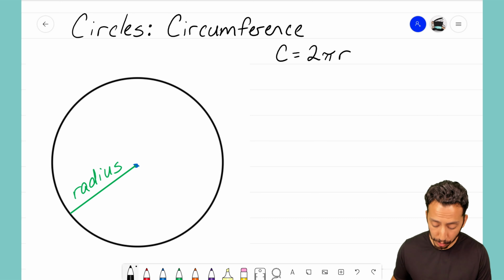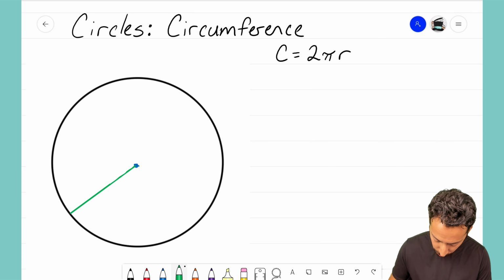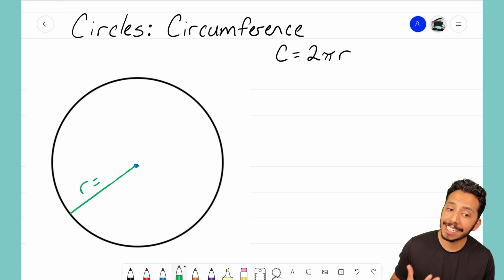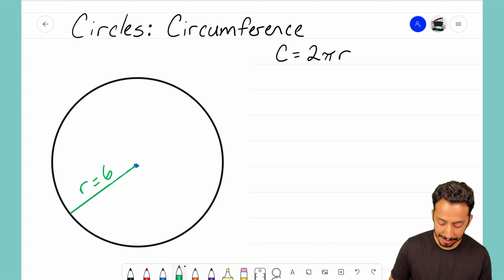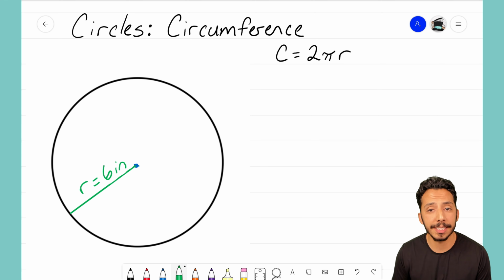So let's say, for example, my circle here had a radius, I see it's already drawn out in green, but let's say that that radius had a length of 6. So let's say 6 inches. And I want to find out what the circumference is. Well, I have that formula up there. I know that it's 2 pi times r, my radius.